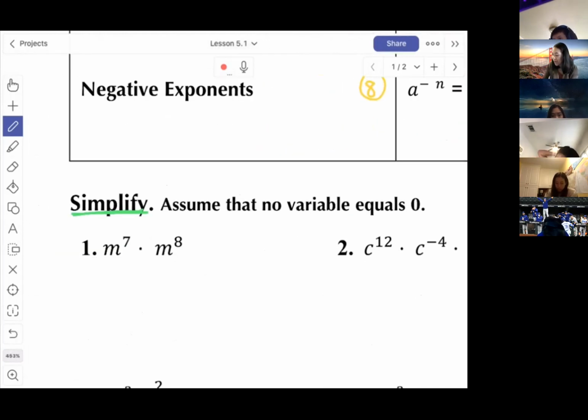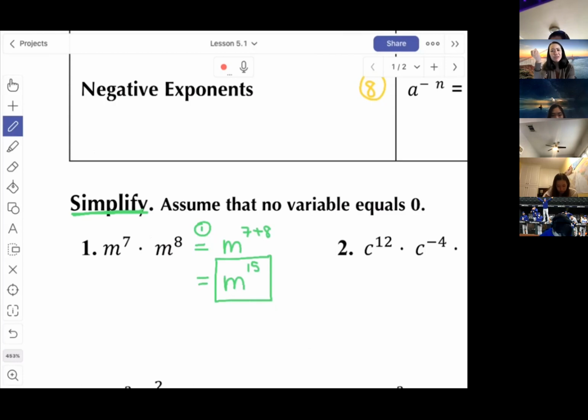So I'm going to add the exponents, 7 plus 8. So that gets you m to the 15th. And I'm just going to put the number 1 there, so in your notes, if you're studying, you can see which property I used. Oh, I used property number 1 to do that.